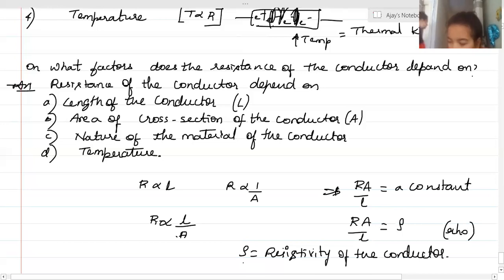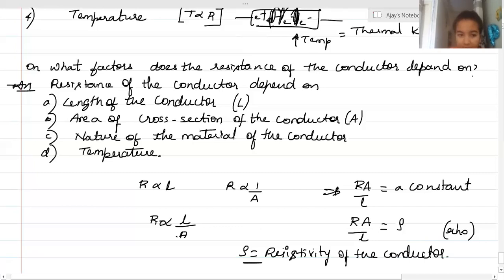So on what factors does the resistance of the material depend? It depends upon the length of the conductor, area of cross section of the conductor, nature of the material of the conductor, and temperature.